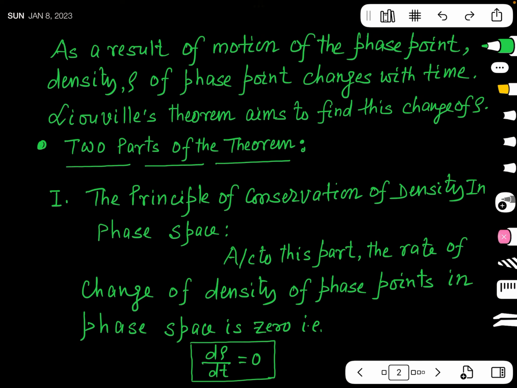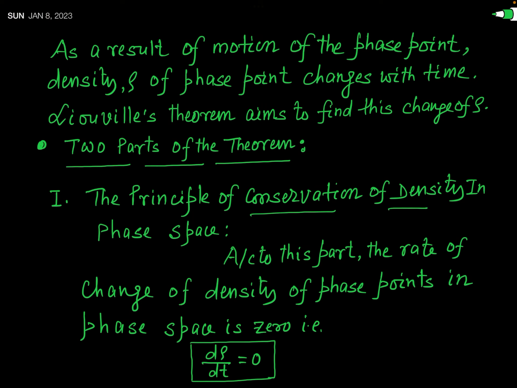Actually, the first part of Liouville's theorem is called the principle of conservation of density in phase space. According to this principle, the rate of change of density of phase points in phase space is equal to 0.